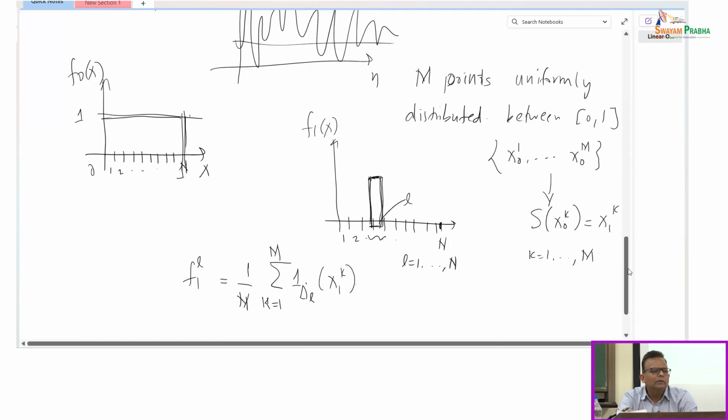And then you can ask, how will this function eventually look? If I start with a uniform distribution, in this case f0 happens to be just one function, the uniform distribution. You can take any other function as the initial distribution. Just like in a state space, in the Poincare world, you can take any initial condition and ask what the fate of that initial condition will be as t goes to infinity.